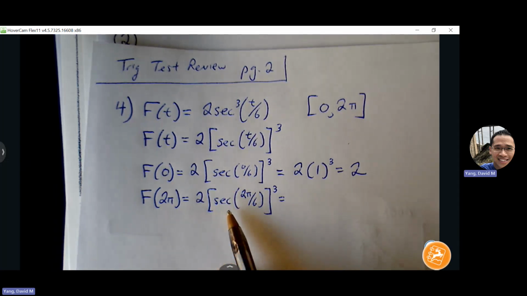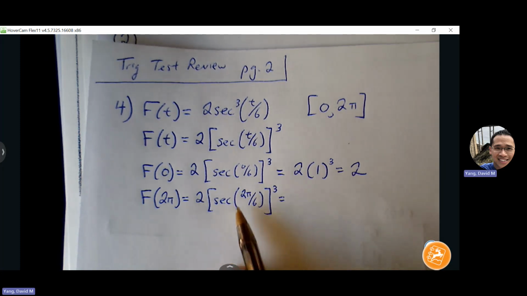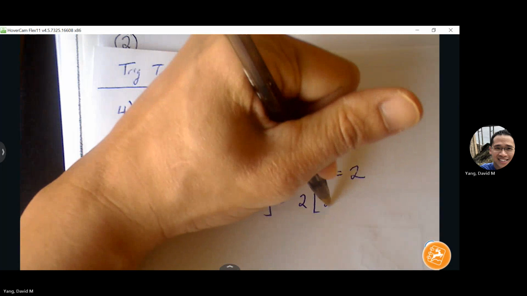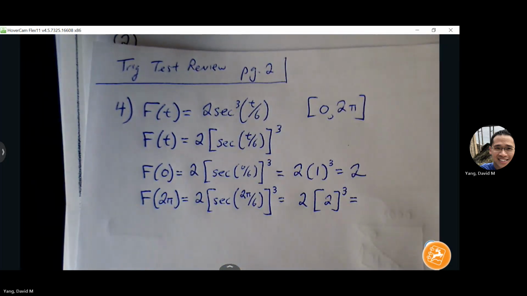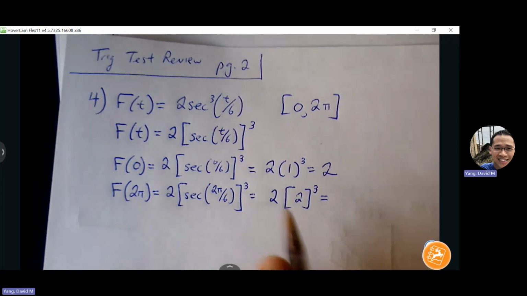What's cosine of pi over 3? 1/2. So the reciprocal must be what? 2, right? Okay, so we know cosine of pi over 3 is 1/2. So therefore, secant of pi over 3 will be the reciprocal of 1/2, which is 2. Right, 8 times 2 is 16.